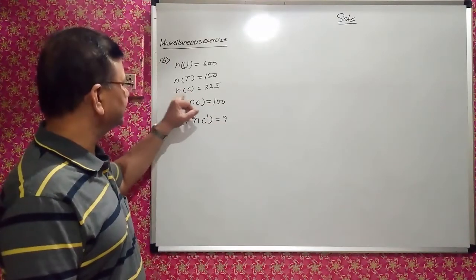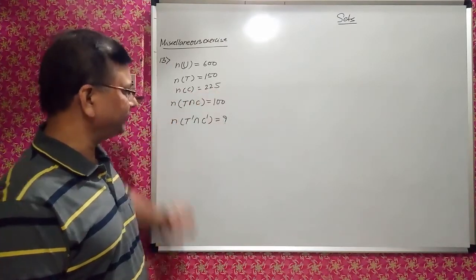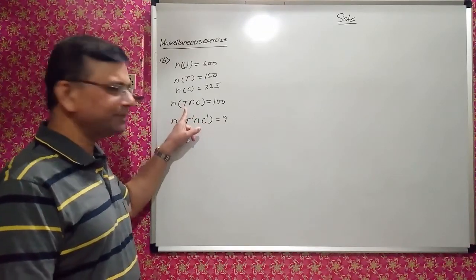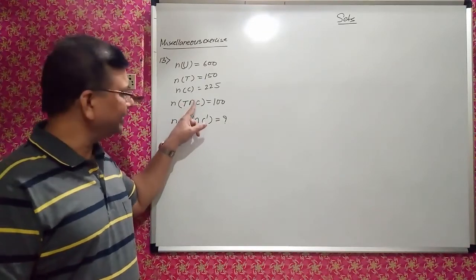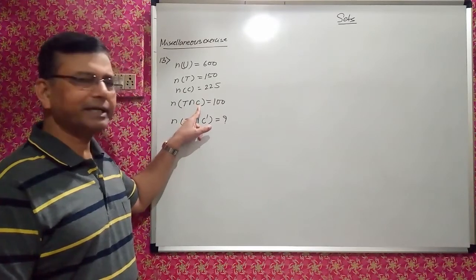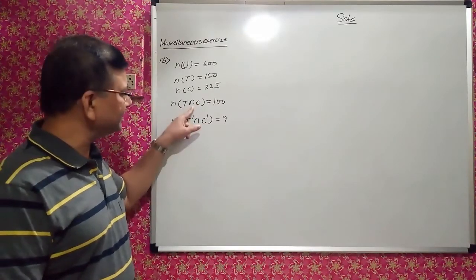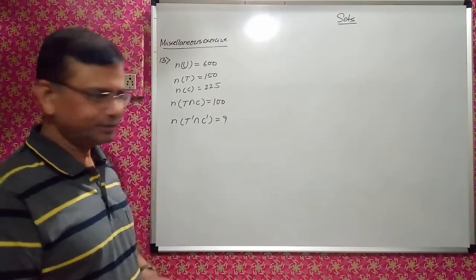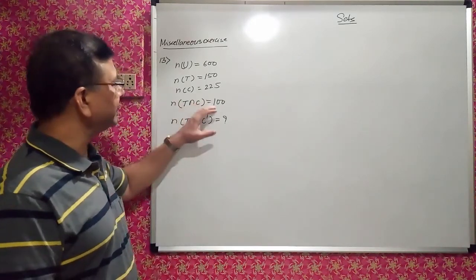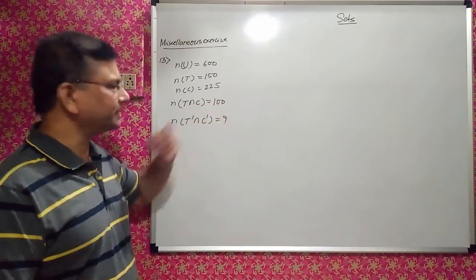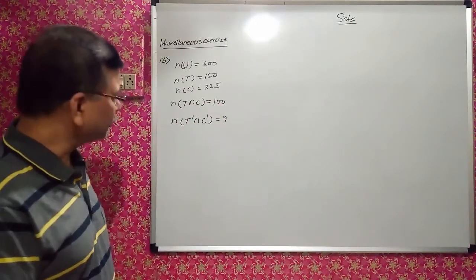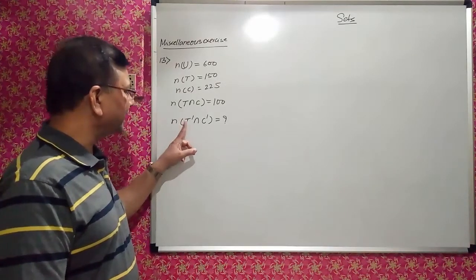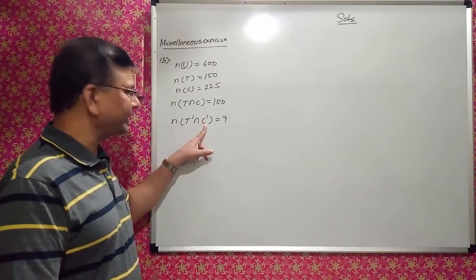So the number of students taking coffee is 225, and T intersection C is the set of students who are taking tea and coffee both. The number of students taking both is 100. Right? So what we have to find is the number of students who are neither taking tea nor taking coffee.